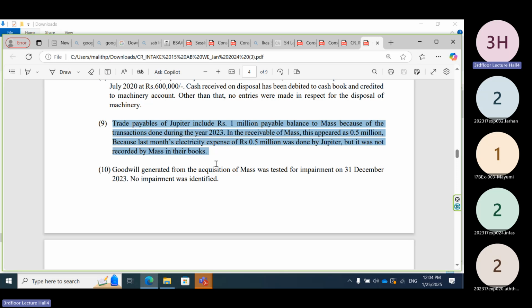The receivable of Mars disappeared 5 million, because last month's electricity expense of 0.5 million was paid by Mars, right?